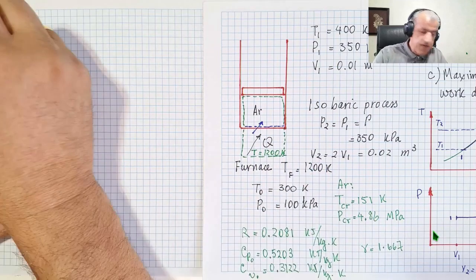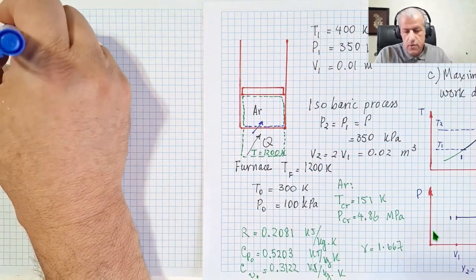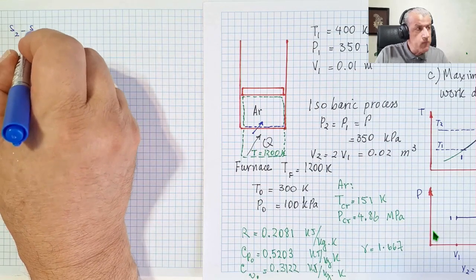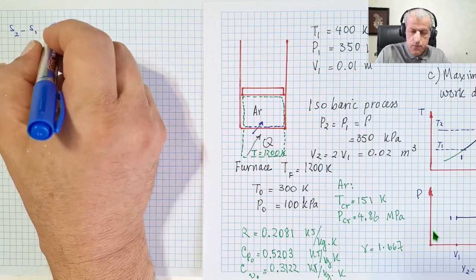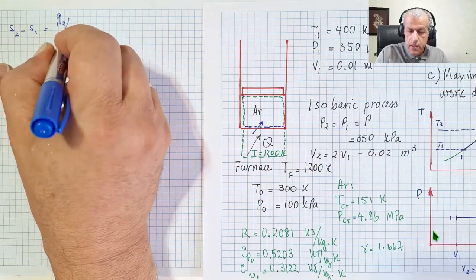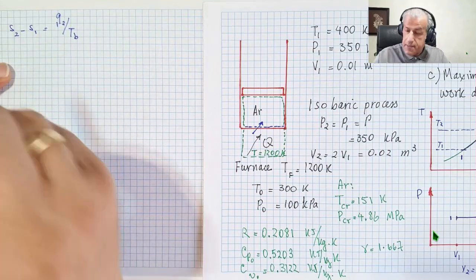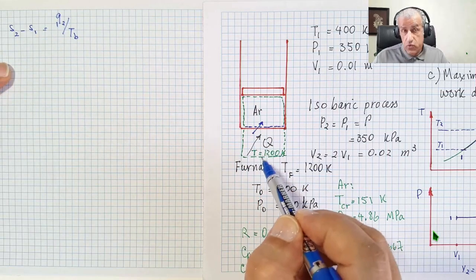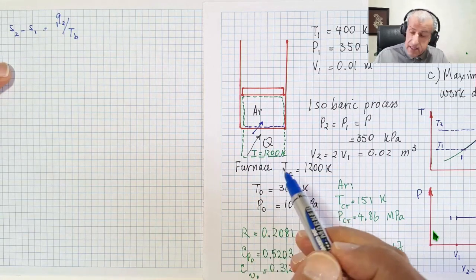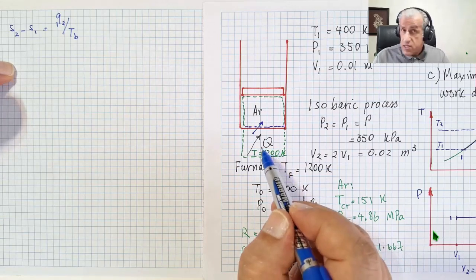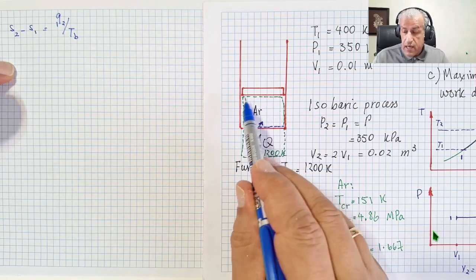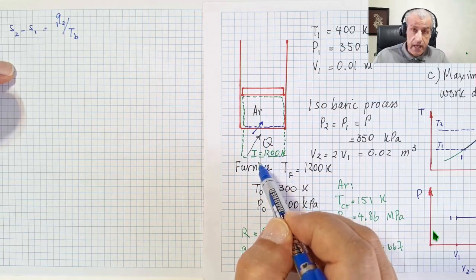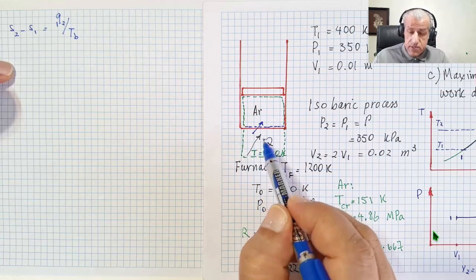You see, if this is the case, the second law would look like this: S2 minus S1 equal Q12 over TB, the boundary temperature for this heat transfer, which is different from 1200 K. And look, there are no irreversibilities now inside this boundary, and all irreversibilities are assigned to heat transfer and they're outside our boundary.